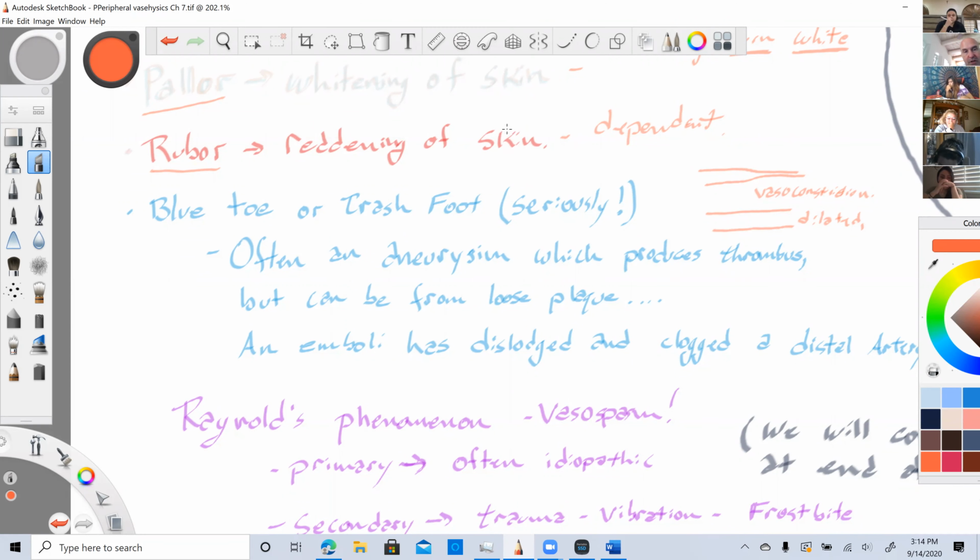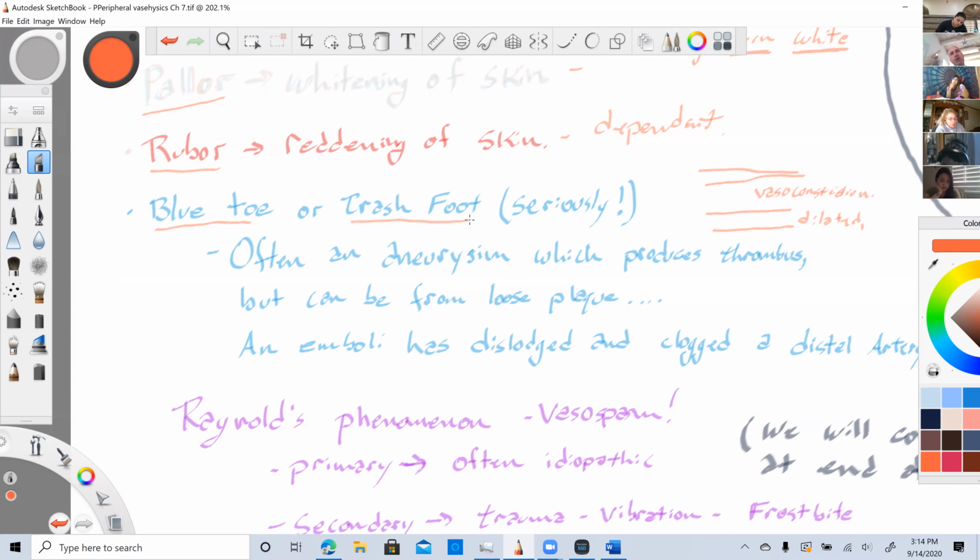Your book mentions blue toe. Another word for it, believe it or not, is trash foot. Sounds very professional. Often an aneurysm, which produces a thrombus. A lot of times people who have trash foot actually have an aneurysm in the popliteal artery.